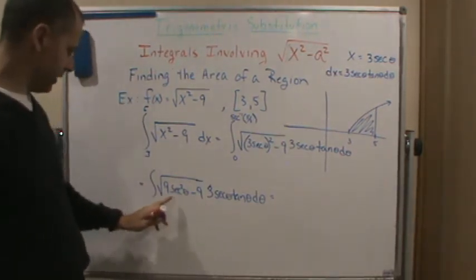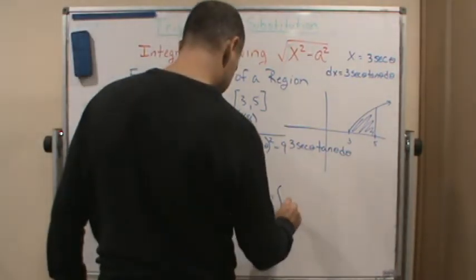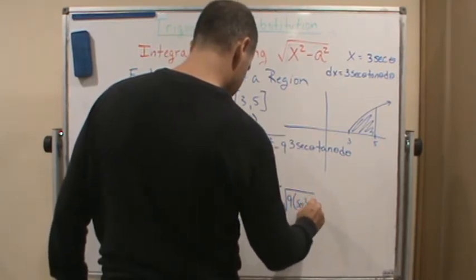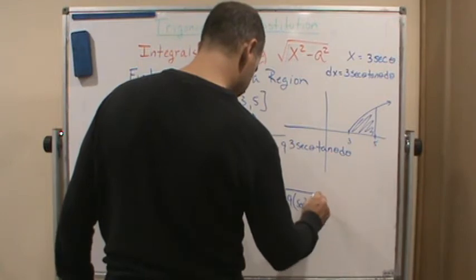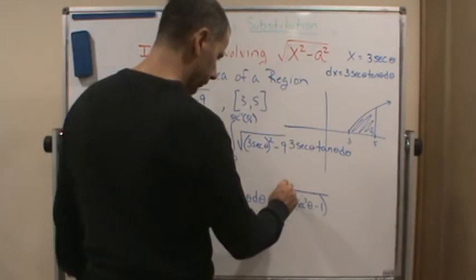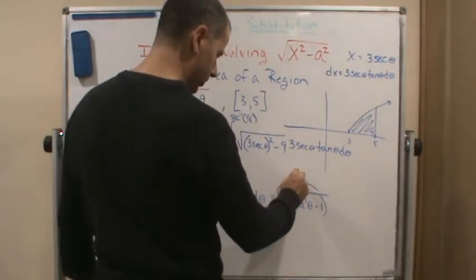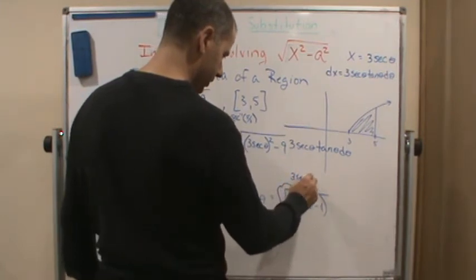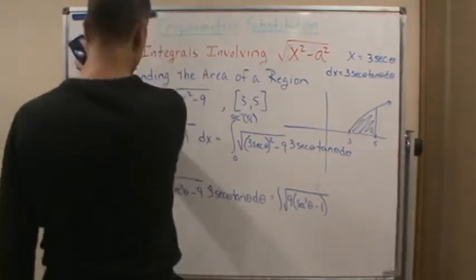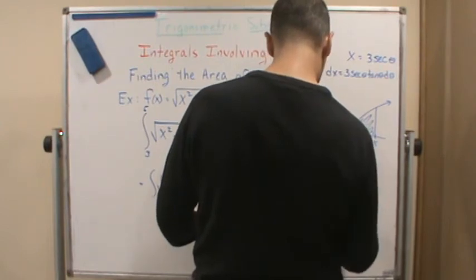Now, if we factor out the 9, we're going to get 9 times secant squared theta minus 1.